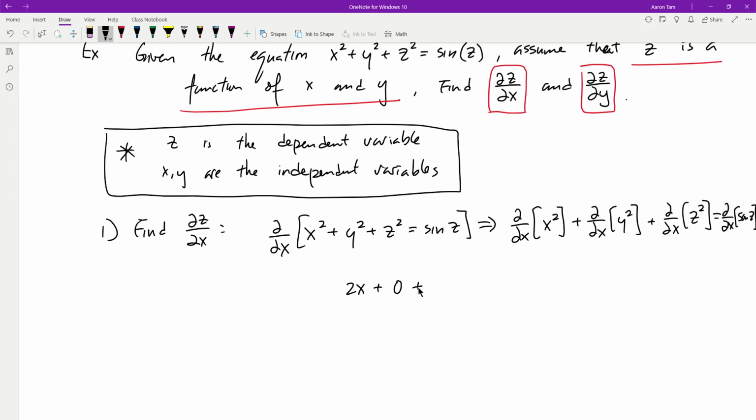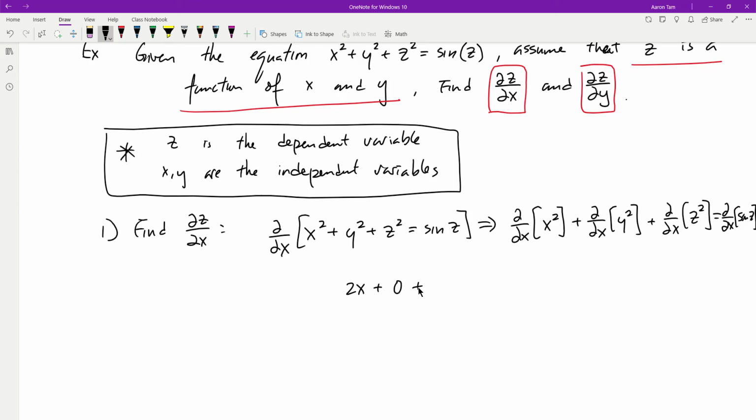Now what happens to z squared when I differentiate with respect to x? That is different, because z is a dependent variable. It depends on x, as well as on y, but here we only focus on how it changes based on x. So there is such a thing as dz over dx, which explains how x changes z. X doesn't change y, but it changes z.